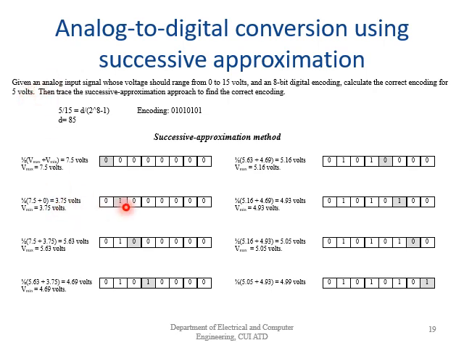So we are going to put 1 in the successive approximation register, and next we are going to replace the minimum 0 with 3.75. So 7.5 plus 3.75 divided by 2 becomes 5.63. So 5.63 is greater than 5. So we are going to place 0, and we are not going to replace 3.75. Instead, we will replace the 7.5 with 5.63.